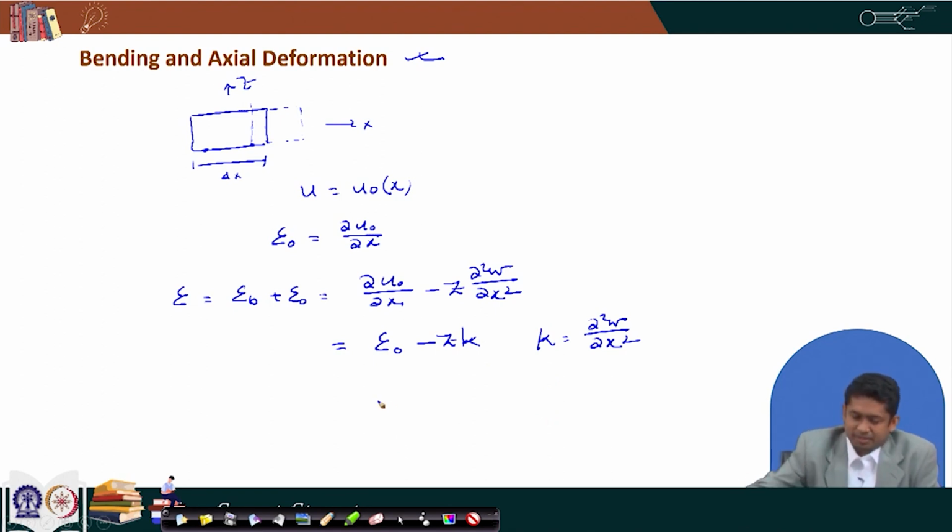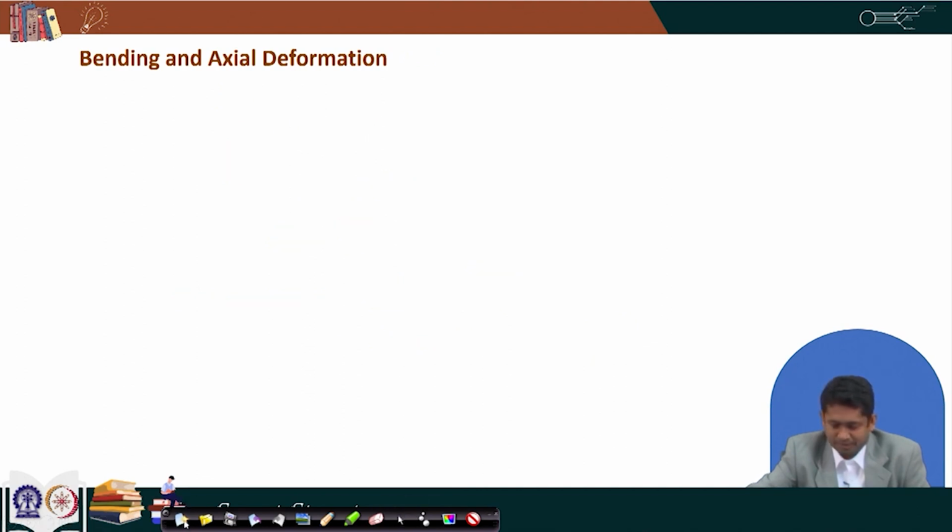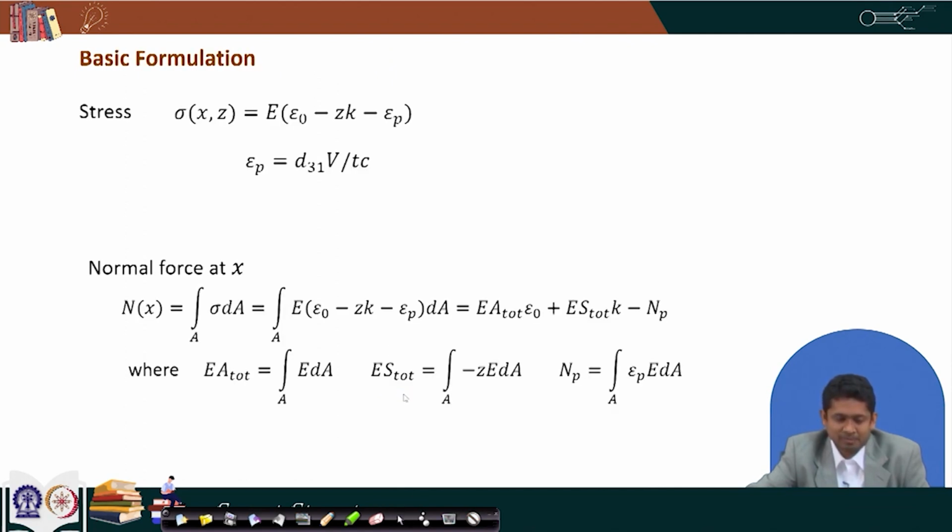Now, this expression we will be using several times in our formulation. So, we will start with the Euler-Bernoulli beam based formulation. So, this is the basic formulation.